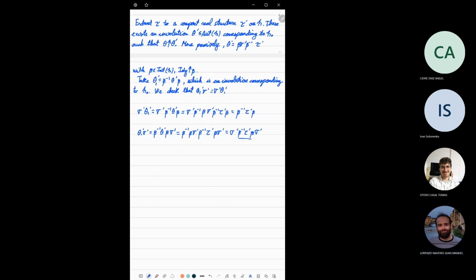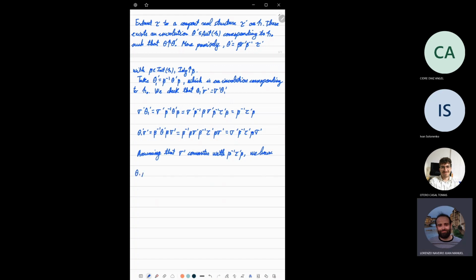So let's simply say, assuming that sigma prime commutes with beta minus 1 tau prime beta, then we have directly that theta 1 prime sigma prime is equal to beta minus 1 tau prime beta.